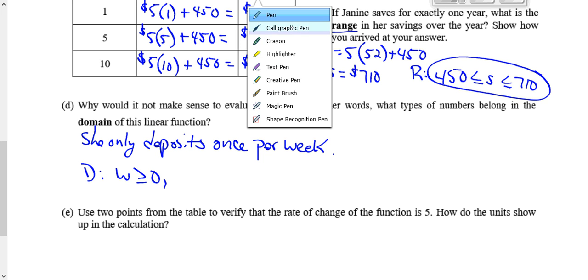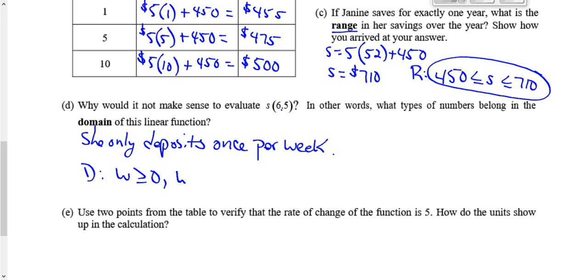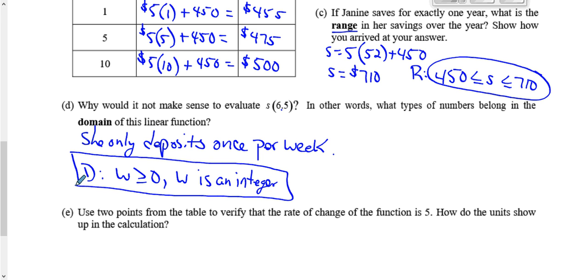W is an integer. All right, do you see how I put that? I had to put that little restriction on there so that you know you won't have a W of 2.7. It'll only be 0, 1, 2, 3 in this case. Okay, so that's your domain.